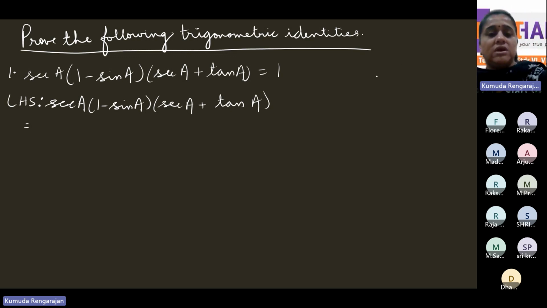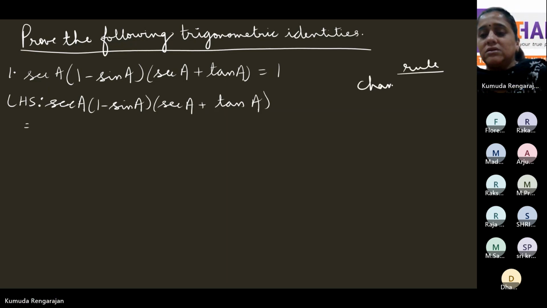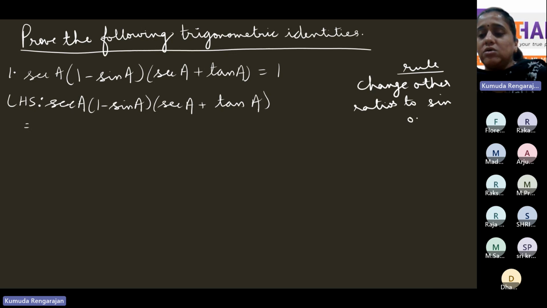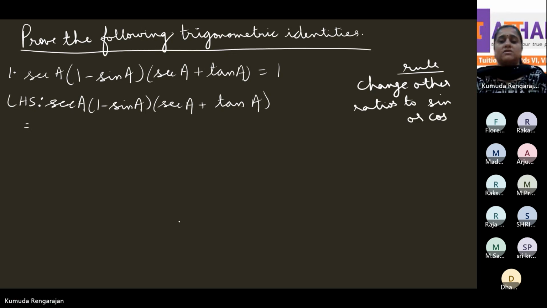To prove this identity, we're going to use a rule always. The rule is change other ratios to sine or cos. I told you the other day, children, sine alone has no meaning.